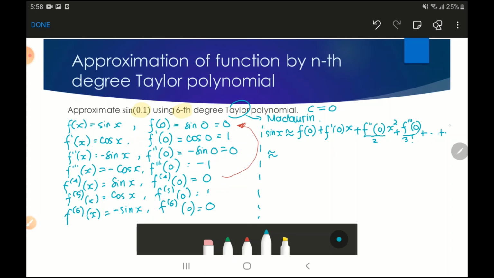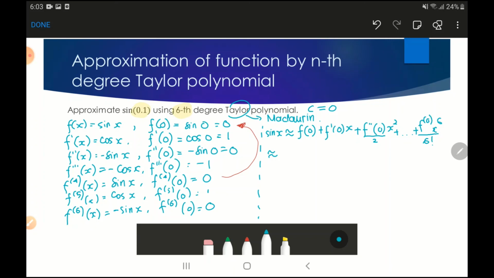I cannot write this, I have to say f6. Oh, let me erase this. I have to make it specific. So I have f6 x to the power of 6 over 6 factorial. So we have our value.